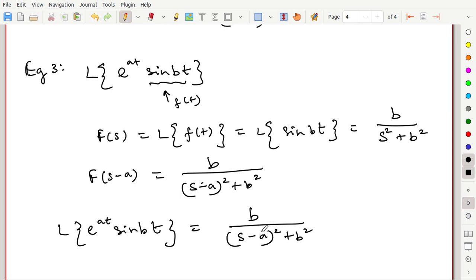This a comes from this a, and this b comes from this b.